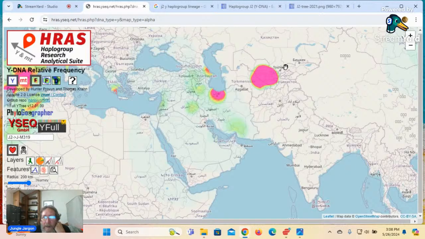Of course, this area here has the most haplogroups of any other area in the world. So it has the J2. It has Q, of course, the R1. It has more haplogroup lineages in this area of Turkmenistan than anywhere else in the world, which of course is just, you know, showing that this is where all the haplogroups came from.